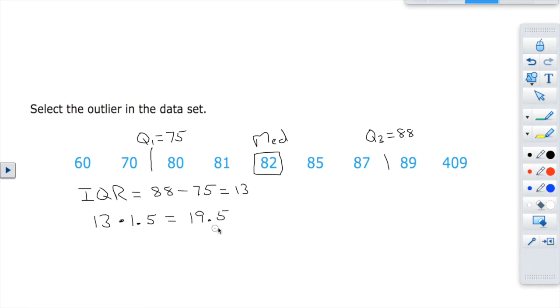I'm going to take the 19.5 and subtract it from Q1. So Q1 is 75. Subtract 19.5 from that, and that gives me 55.5.